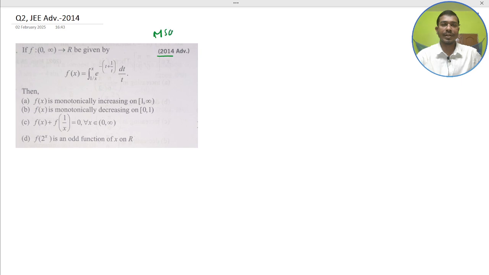MSQ means multiple select questions, where one or more than one answer can be correct.